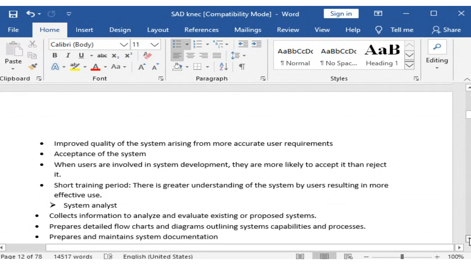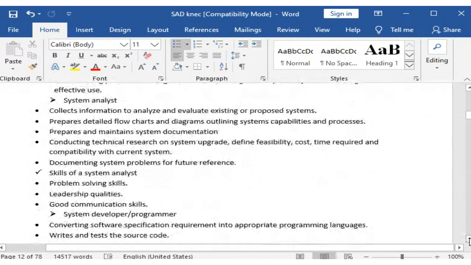Then we have the system analyst. These are the duties of a system analyst. He collects information to analyze and evaluate existing procedures or the proposed system, and prepares detailed flowcharts and diagrams outlining system capabilities and processes.